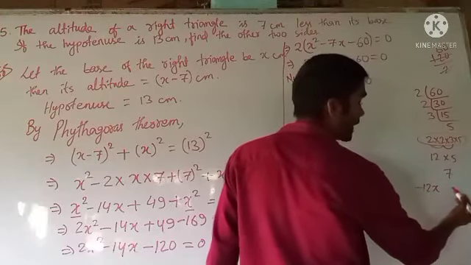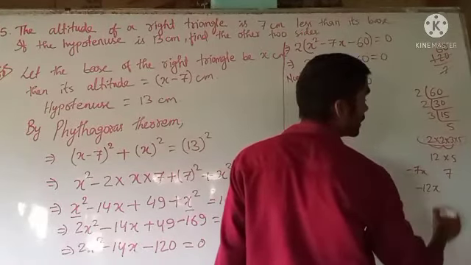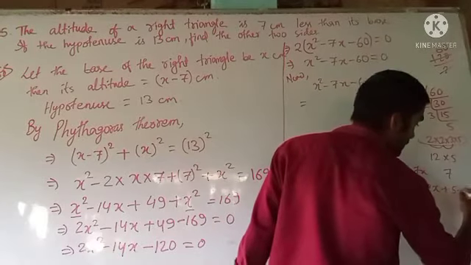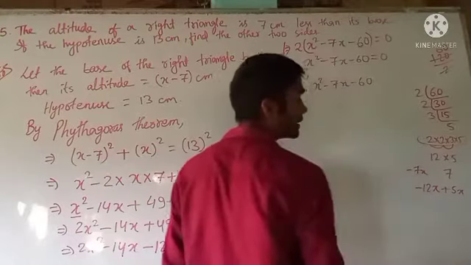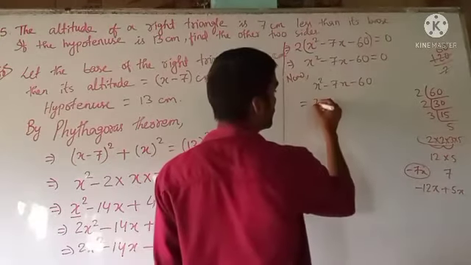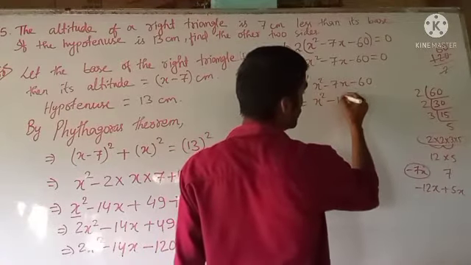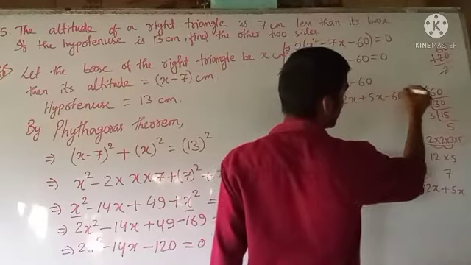Now do we write plus or minus? In order to make it minus 7x, if we write plus 5x, then 12 minus 5 gives 7x, that is minus 7x. So we can write x square minus 12x plus 5x minus 60.